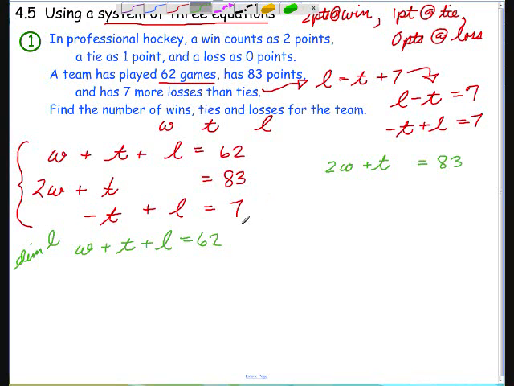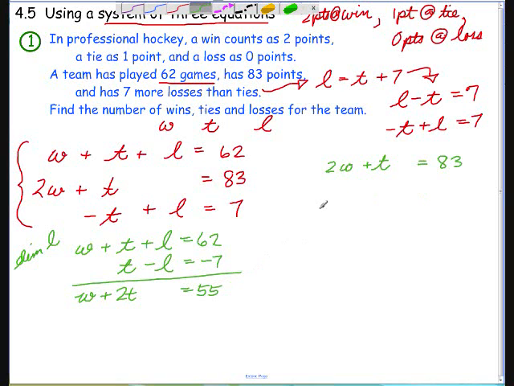This one I'm going to multiply by negative 1. So I have a positive T, negative L, and a negative 7. When I add these together, I will have W plus 2T, this is a 0, equals 55.